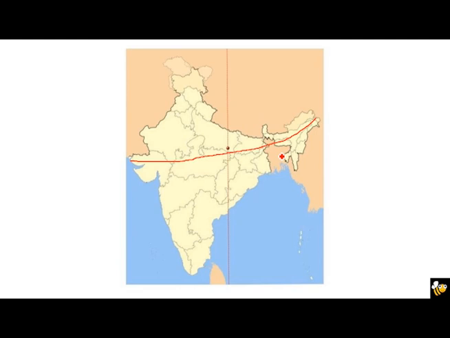So it is very necessary for India to have a standard time. In India, the longitude of 82 and a half degrees east, that is 82 degrees 30 minutes east, is treated as the standard meridian.